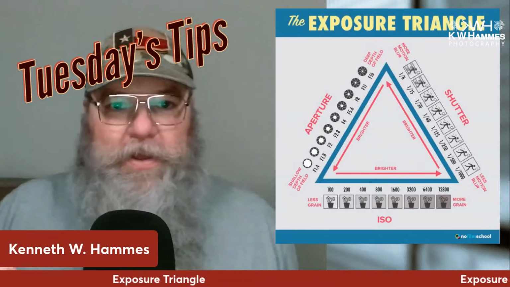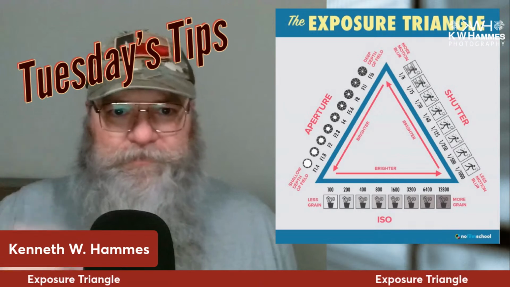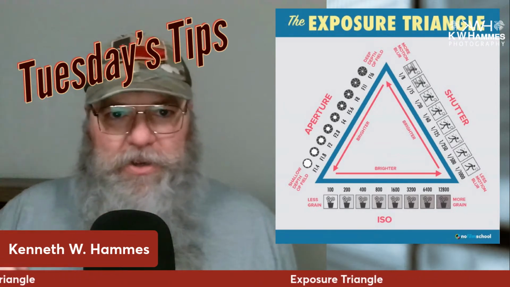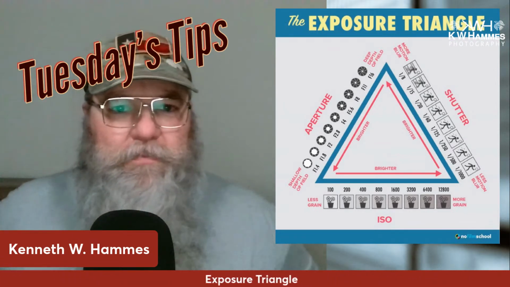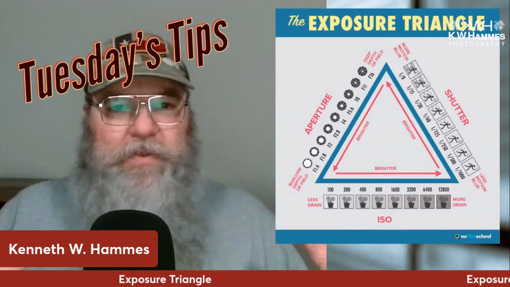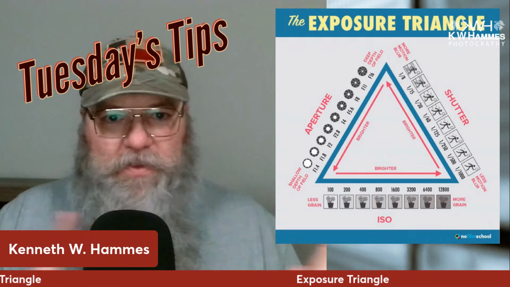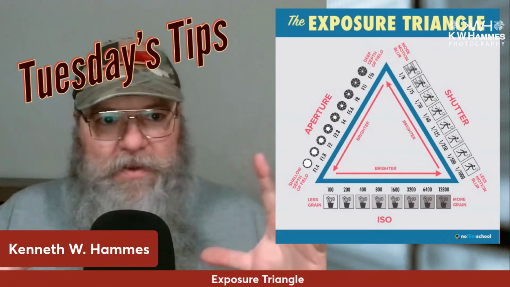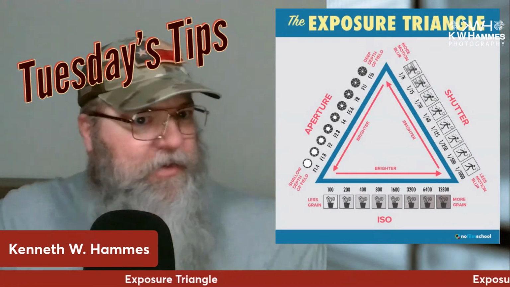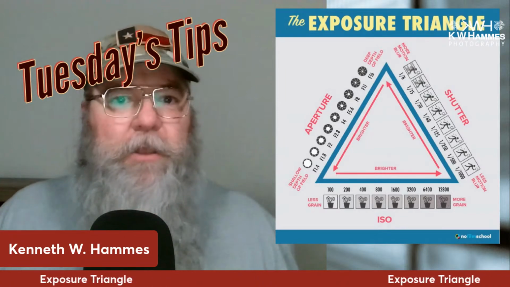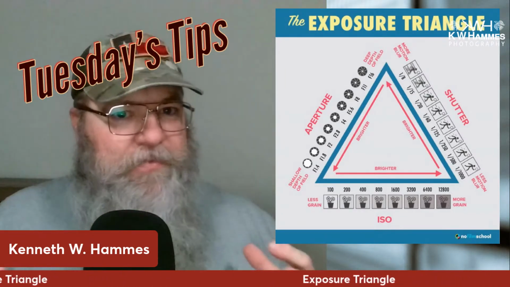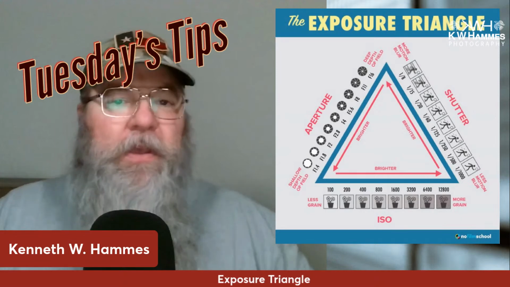Now, what an exposure triangle allows you to do is, okay, shutter speed determines how blurry or sharp an image is going to be based on the time that it takes to capture. If you want to freeze something like a sports image, then you're going to want a very fast shutter speed, okay?